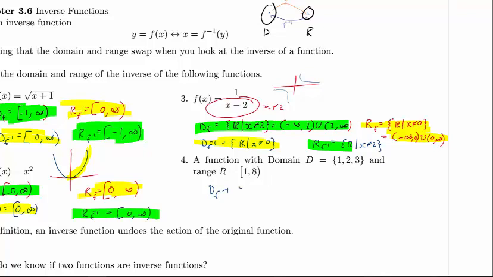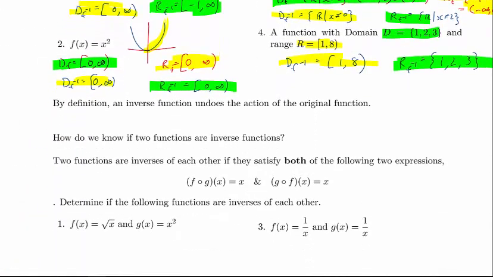Well, that's simply 1 to 8, all the numbers in between 1 and 8. And then what is the range of the inverse? Well, that's simply the domain, the numbers 1, 2, and 3. And that's how that works, just like we were doing before. Okay, cool.